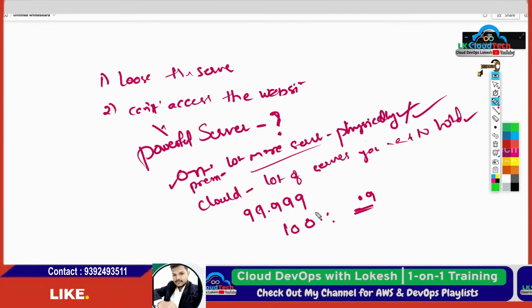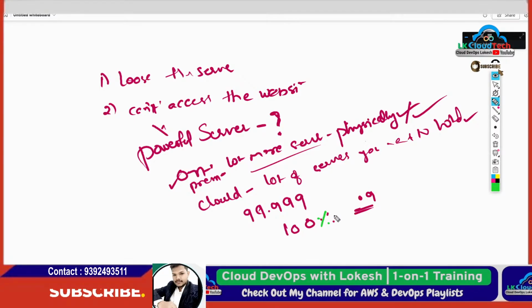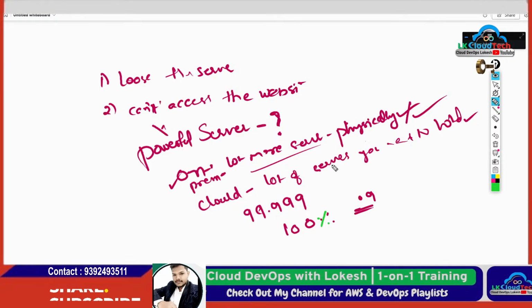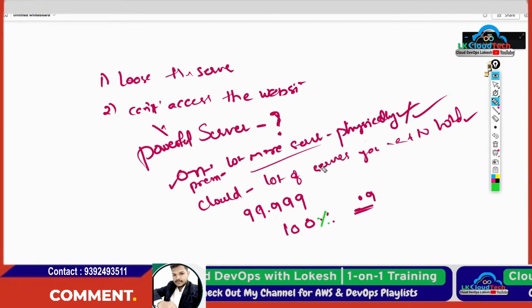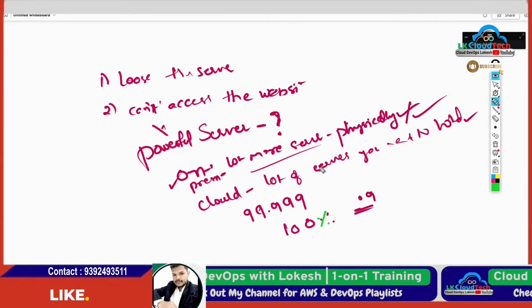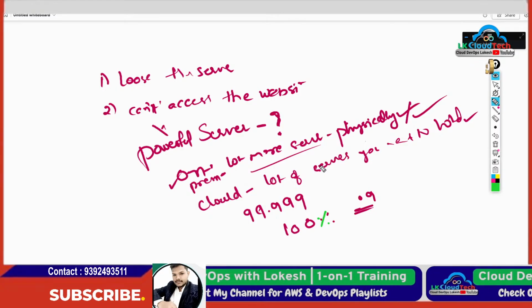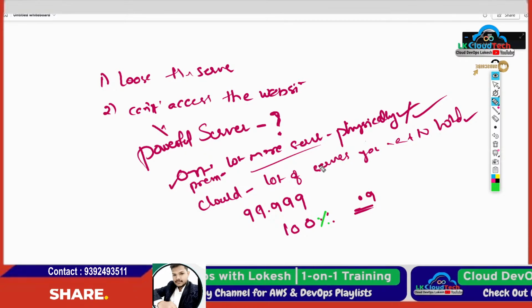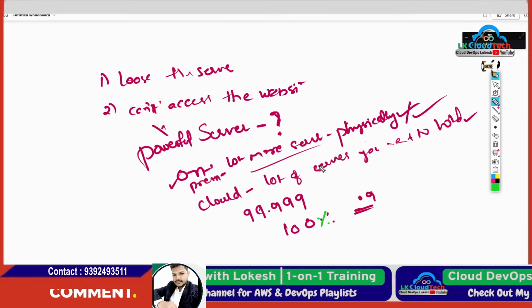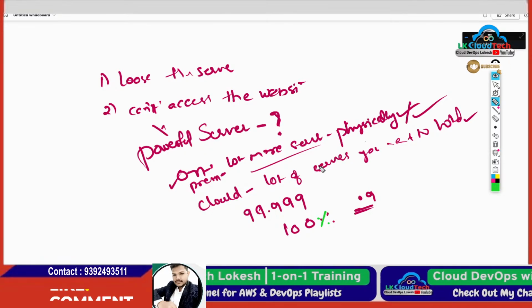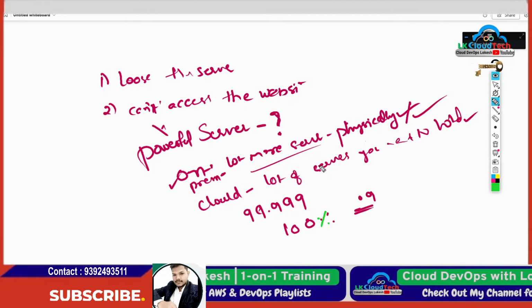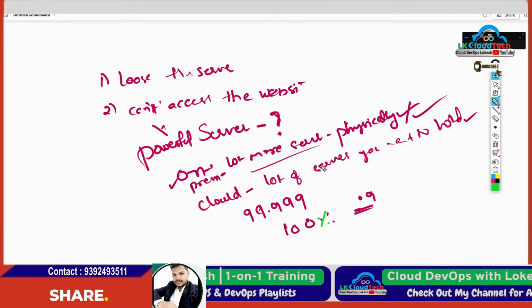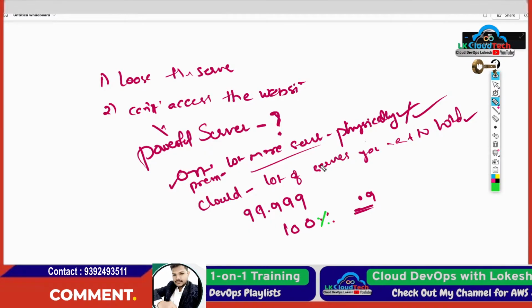Even 100%, no one can guarantee. For any reason, if I lose a server, whether it's a technical failure or something else, the customer or user won't care about that reason.